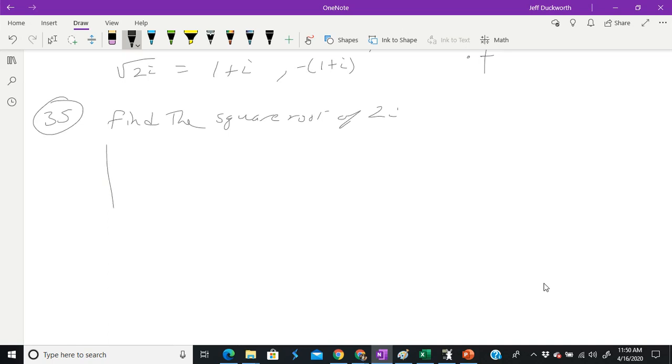So if we draw 2i, excuse me, 2 minus 2i is the question. I apologize. I think we just did 2i. 2 minus 2i. All right, so we got a 2 and a negative 2. So the real part is 2, and so this is 2 minus 2i.